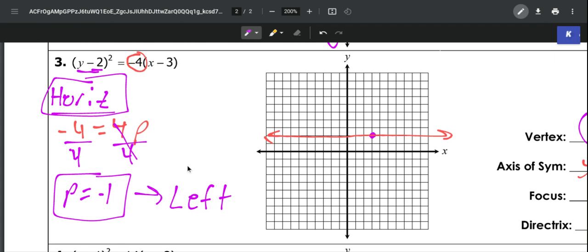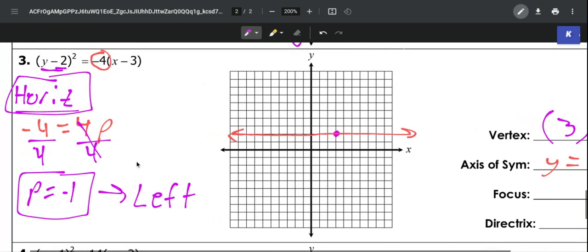And that also tells me where my focus is. So my focus is going to be -1 unit away from the center. And if my parabola here is horizontal, that means we're going to move our focus and our directrix on the x-axis.